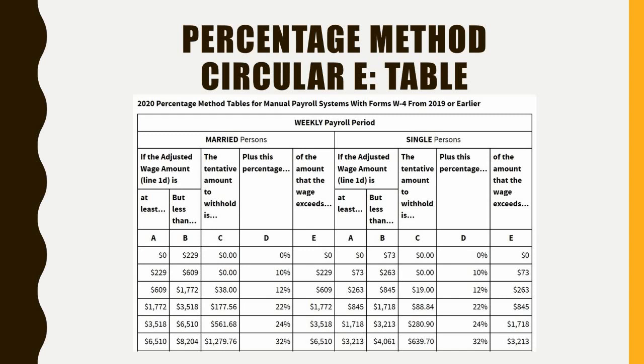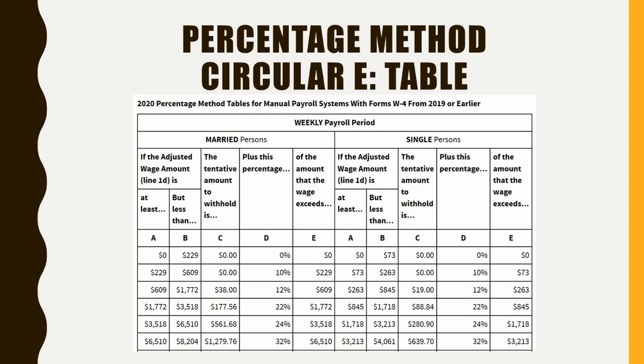Right off the bat is going to be $19. All right? Now, any money that I've earned in excess is going to be taxed at 12%. All right? And here, this in column E is going to tell me that out of the $263, that is the amount that the government is just going to let us have.